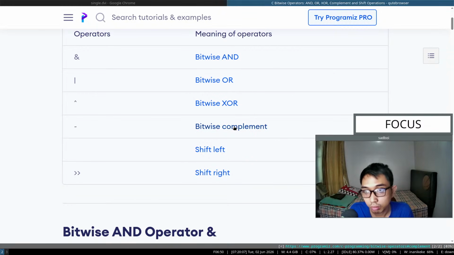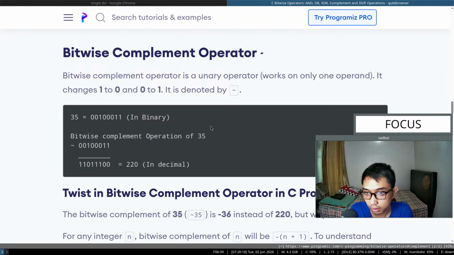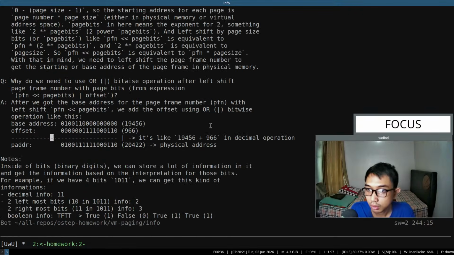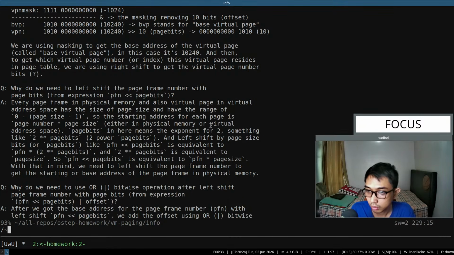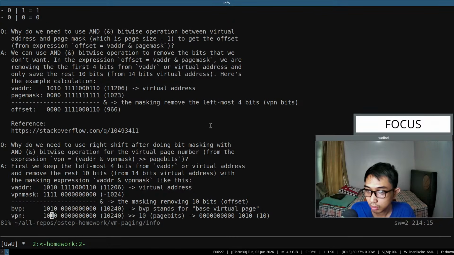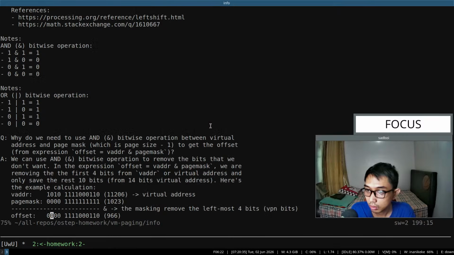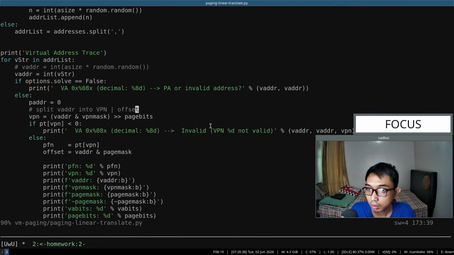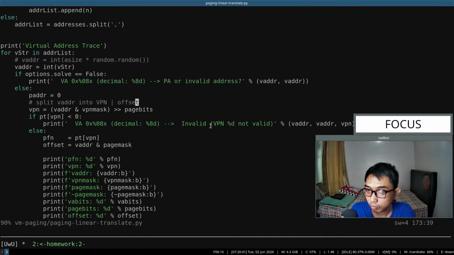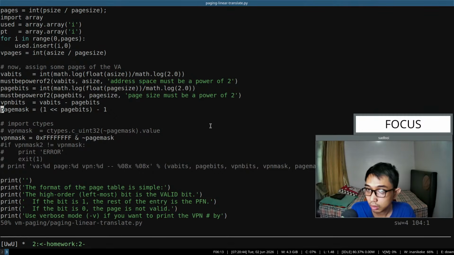Oh, bitwise complement. Oh, okay. Wait, let me check this first. Where is it? I think it is in the notes.